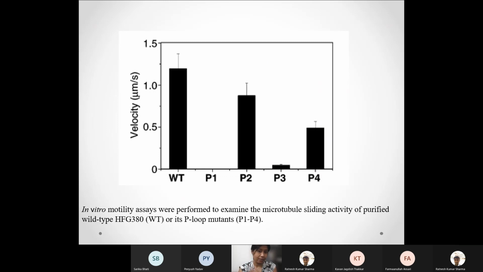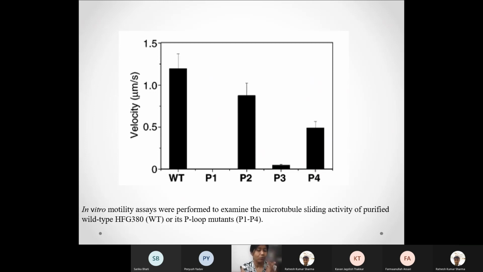What they found is this is the velocity in terms of wild type. P1 is dead. You mutate P1, you have a very high affinity for microtubule, doesn't have an ATPase function, and doesn't slide microtubules. So P1 is the AAA1 domain, subdomain of dynein.